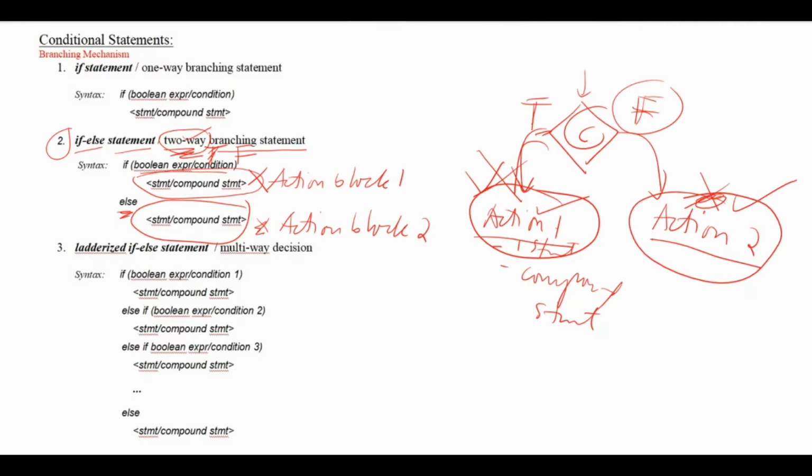So that is the meaning of the if-else statement. Again, if the condition is true, this block here is executed and this one is not. If the condition is false, this is not executed, this is executed.